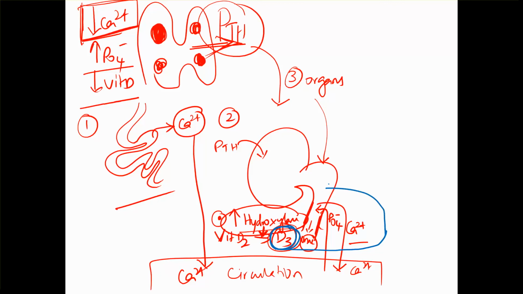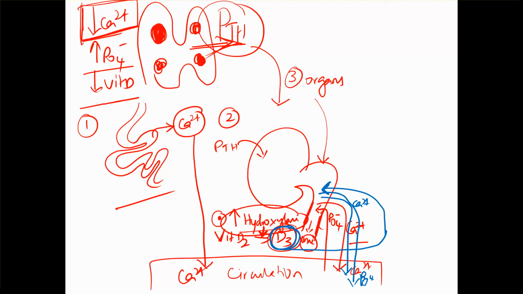They go to the renal tubule, vitamin D3, and they absorb the calcium, and they also reabsorb the phosphate. That's how the phosphate is balanced.